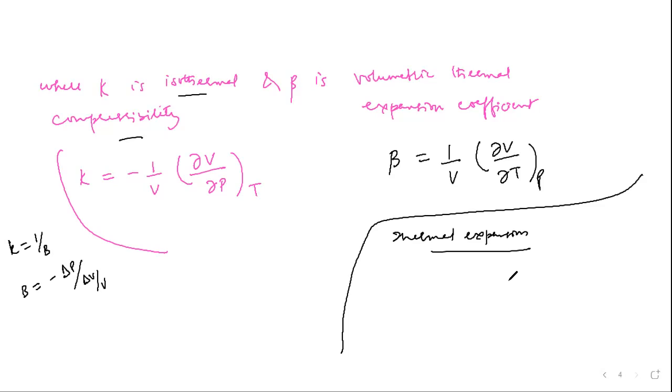Now, in thermal expansion, we define different coefficients, like we define coefficient of thermal expansion, alpha, you might know. We define coefficient of area expansion, I should write some other symbol, let me call that gamma.